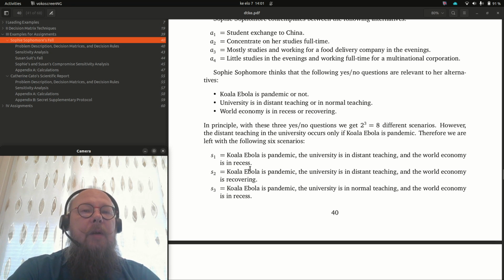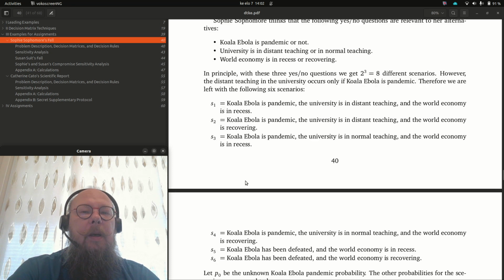First 3 scenarios are for pandemic. S1, koala Ebola is pandemic, universities in distance teaching, and the world economy is in recess. S2, koala Ebola is pandemic, universities in distance teaching, and the world economy is recovering. So there are 4 for pandemic. Then S3, koala Ebola is pandemic, universities in normal teaching, and the world economy is in recess.